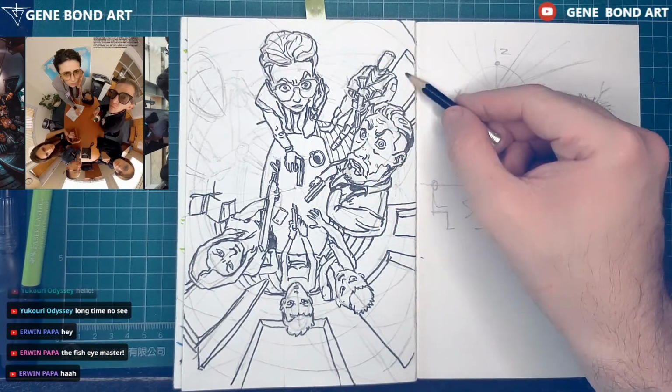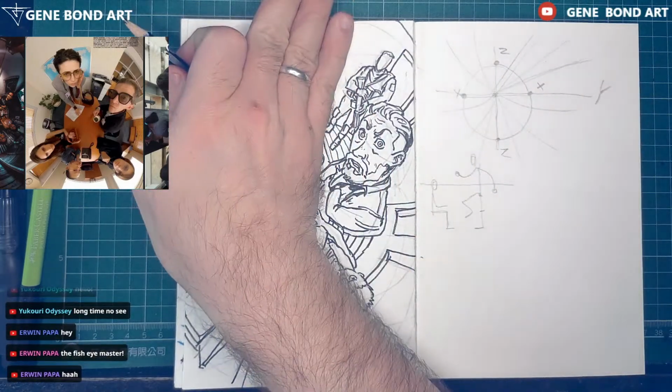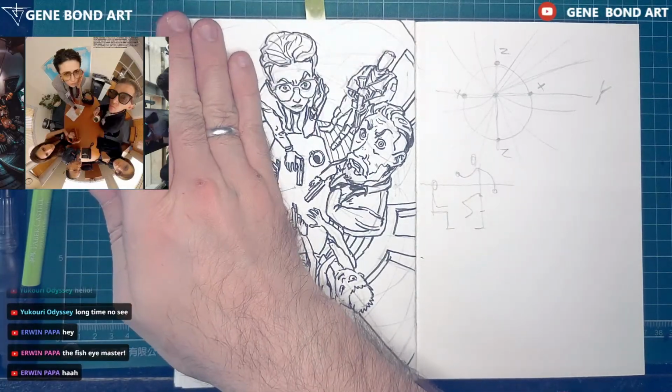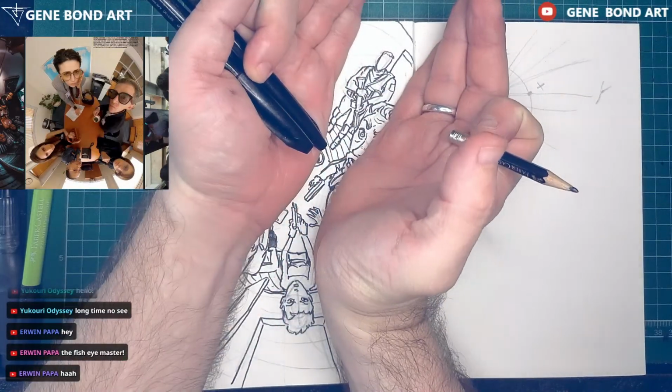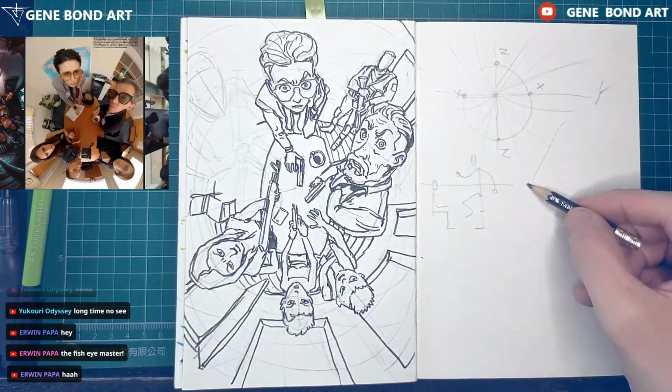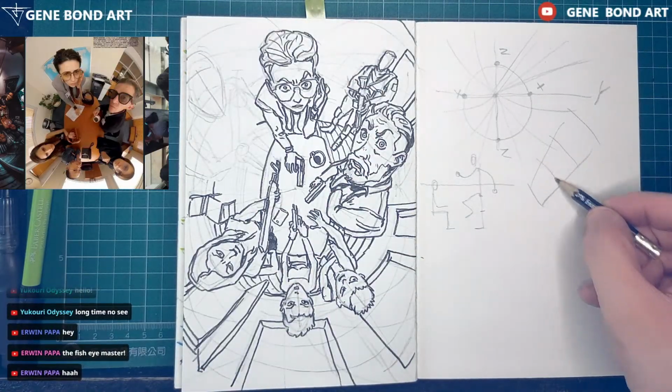Like this guy here. Look, crazy distortion, foreshortening, right? And here it's already like 3-point perspective.